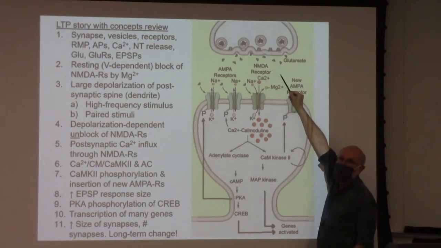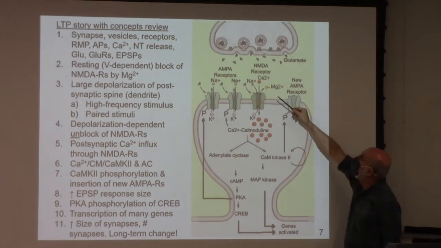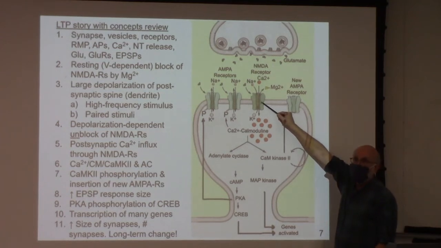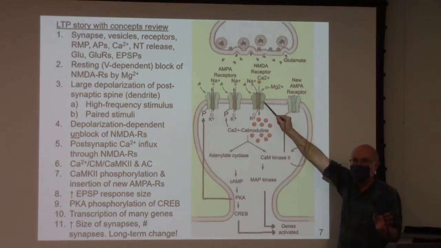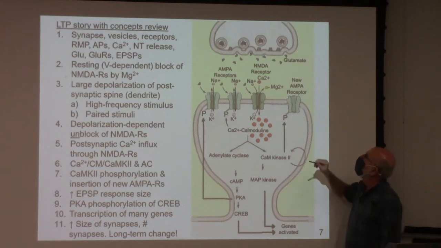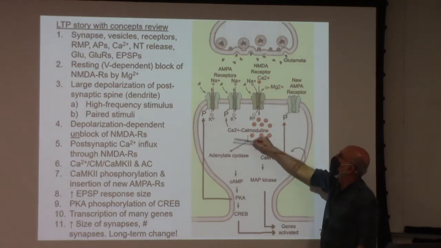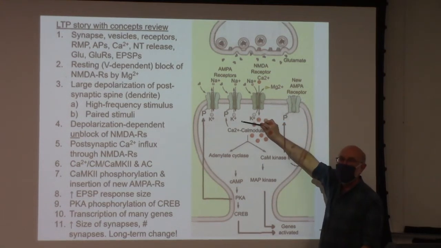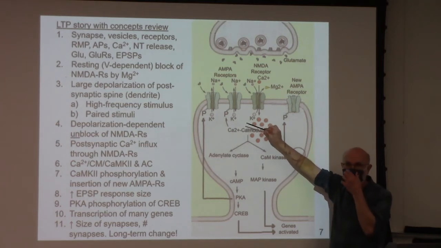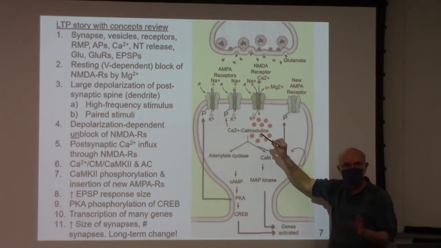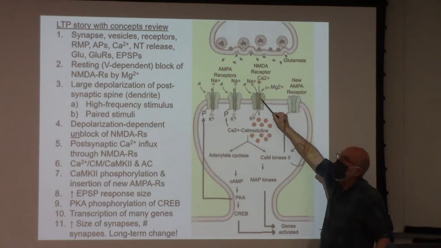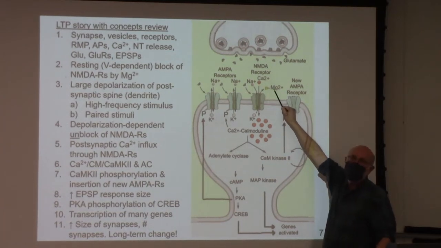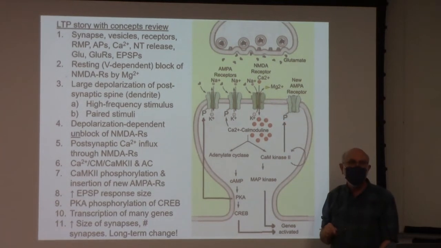The glutamate also activates the other type of receptor, the NMDA receptor, but now we've got an interesting phenomenon. If this membrane is not very depolarized, just a small depolarization, this receptor is blocked by magnesium. This is a detail you don't need to know.